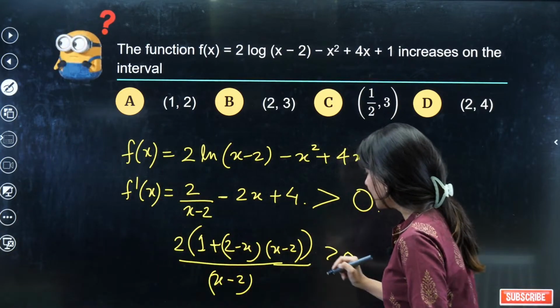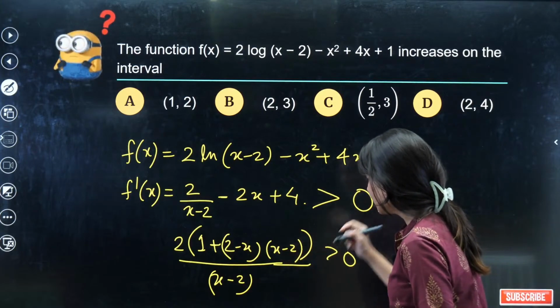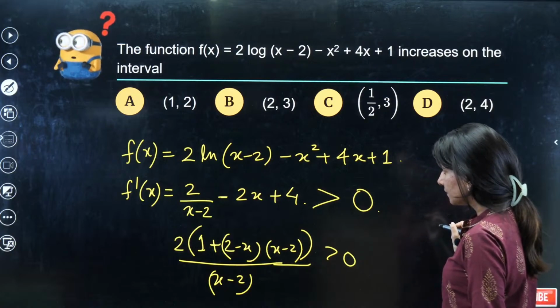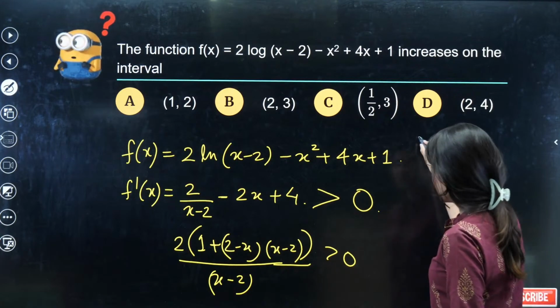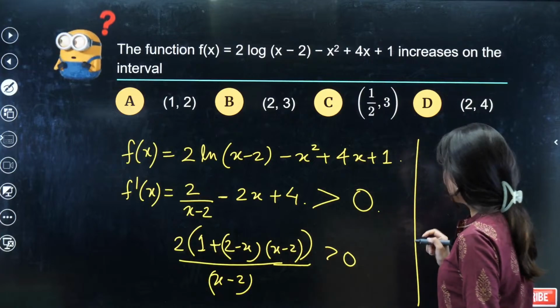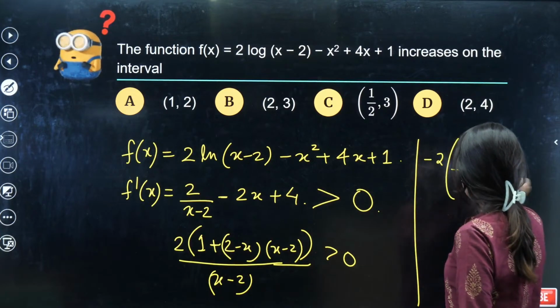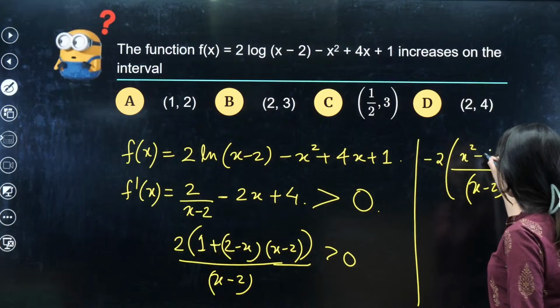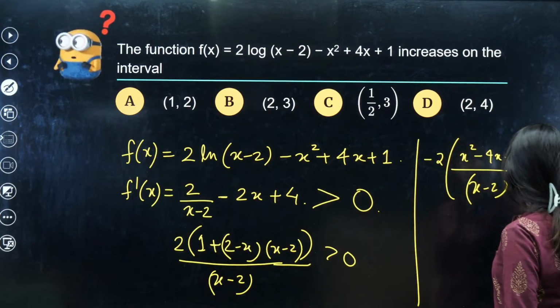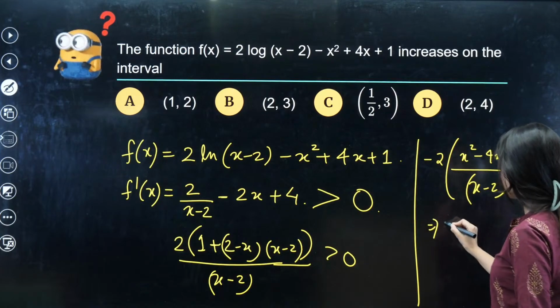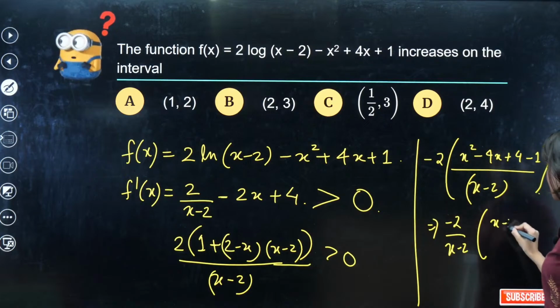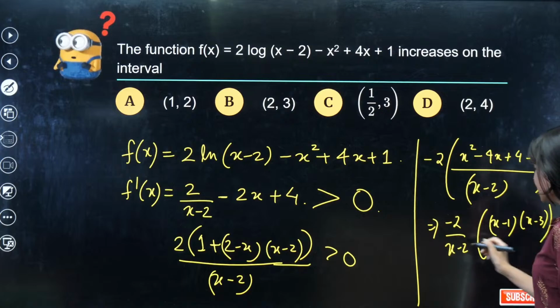If I take the minus sign common, it becomes minus 2 upon x minus 2, and we have x minus 2 whole square, so x square minus 4x plus 4, and then minus 1. So this is your f dash x: minus 2 upon x minus 2 times x square minus 4x plus 3, that is x minus 1 times x minus 3.